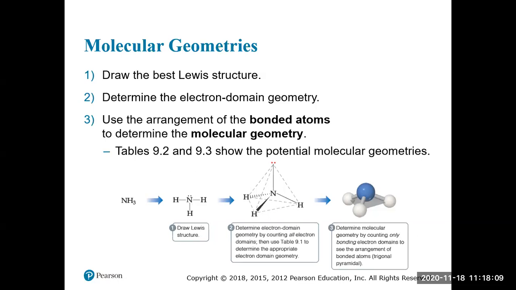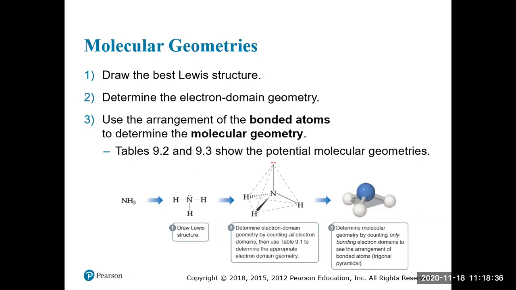And that's where we see that now we're trigonal pyramidal, because the nitrogen is kind of sticking up a little bit out of the plane from the hydrogens. And we'll see here in a moment that the reason for that is the influence that lone pair of electrons has in terms of trying to minimize that electron repulsion.